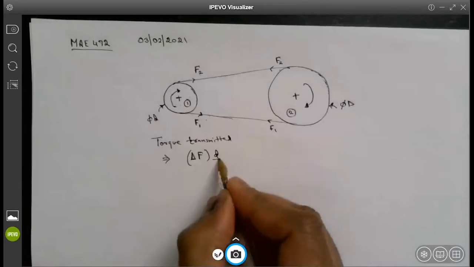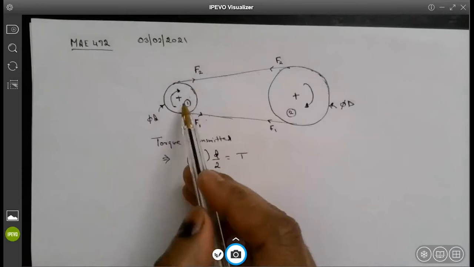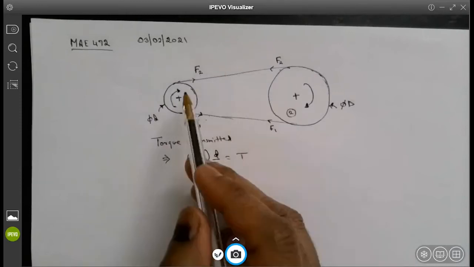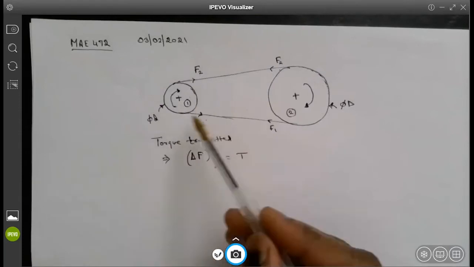So this is basically the torque that is going to be transmitted from this pulley to the next pulley using the belt drive, and that will depend on the difference in the tension on the two sides.